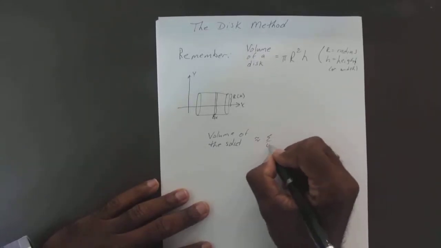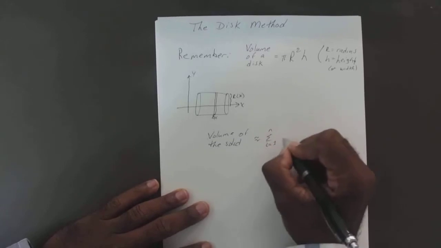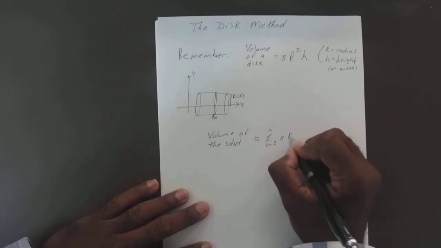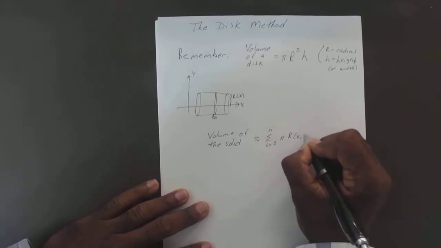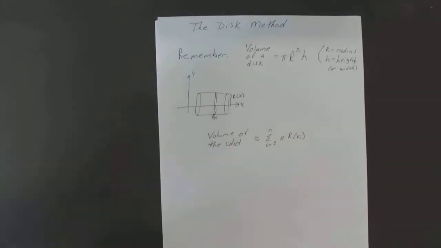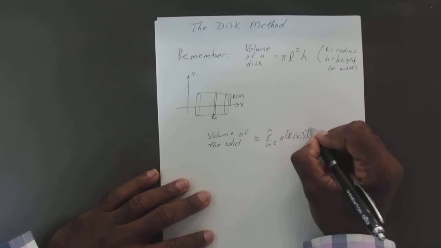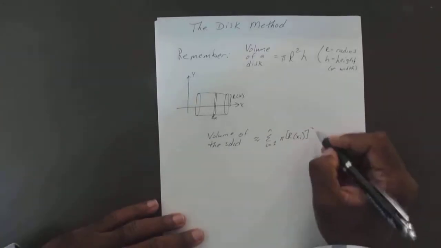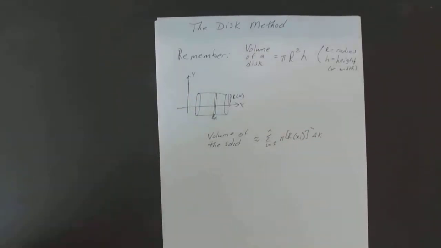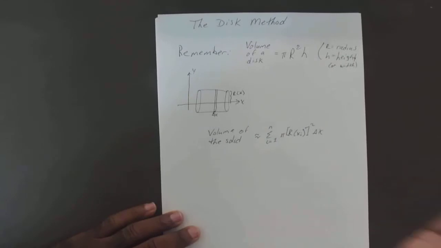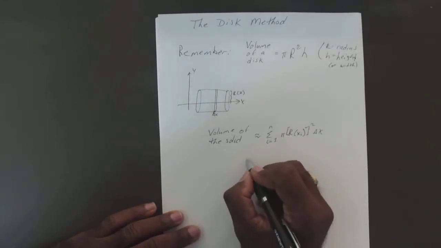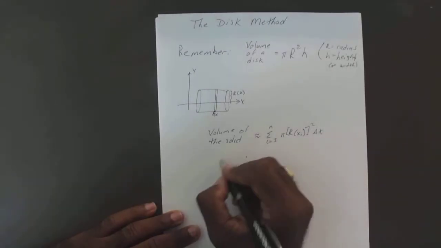So the sum from i equals 1 to n of pi, r of x at some point in there, that c of i or r of x of i, squared, and remember your delta x. Now, if that looks familiar, it should, because it's the definite integral.